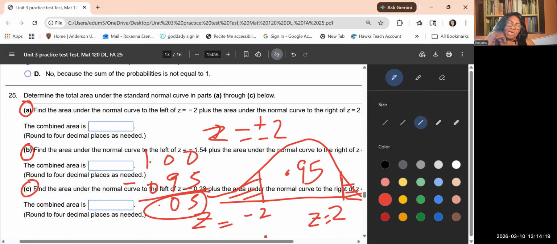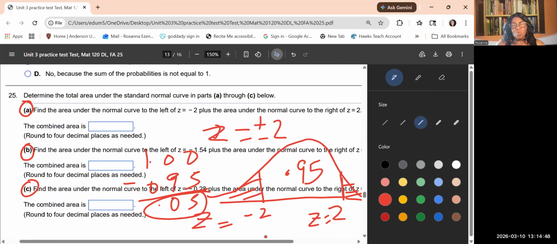Remember, area under the normal curve can be written as a percent, decimal, or fraction. So you could be told to write it in percent. Why is it 0.05? Because the area in the middle is 95%, and the total area under the normal curve is 1, so it is 1 minus 0.95.